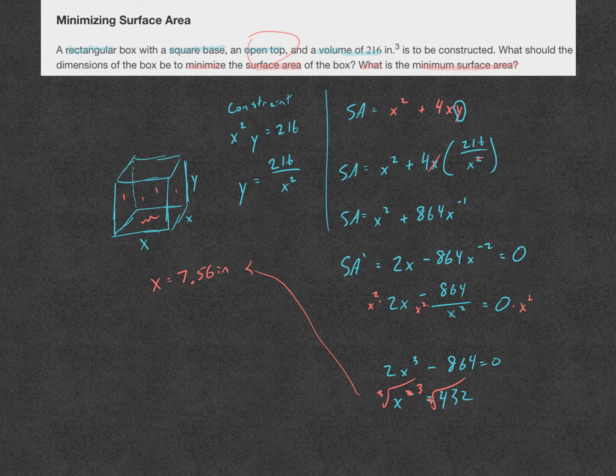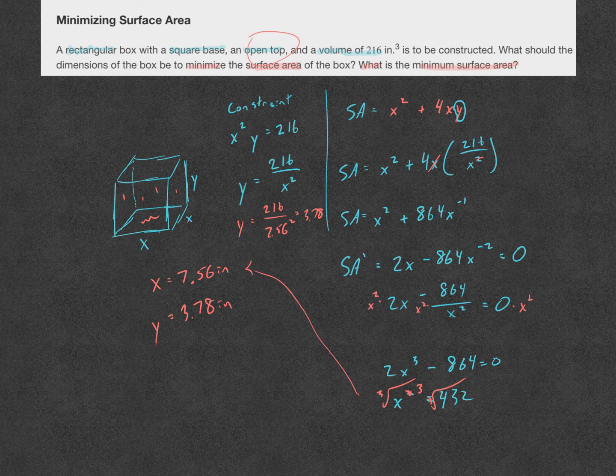And then y is 216 over x squared, now that I know what x is, 7.56 squared. Let's see what we get there. When I type that into my calculator, I get 3.78. So the x dimension is 7.56, and the y dimension is 3.78 inches.